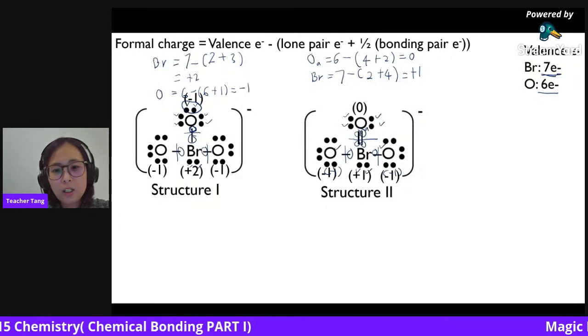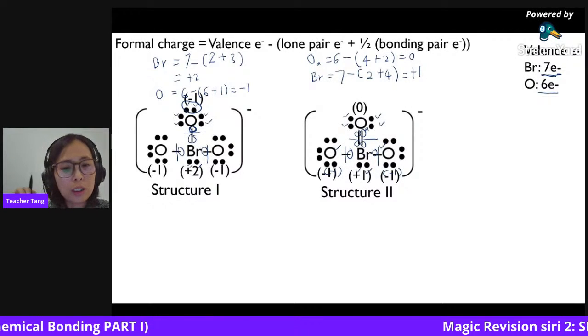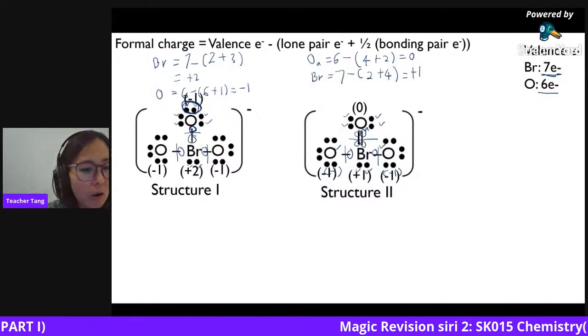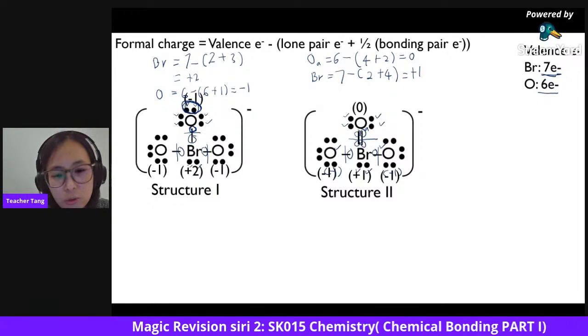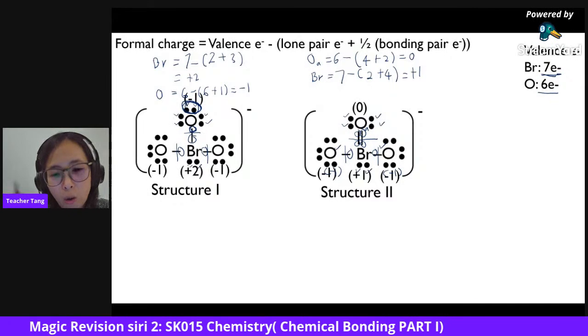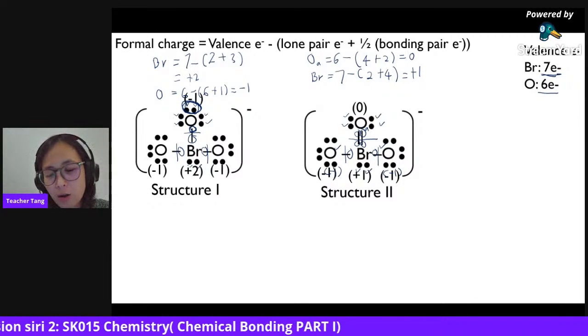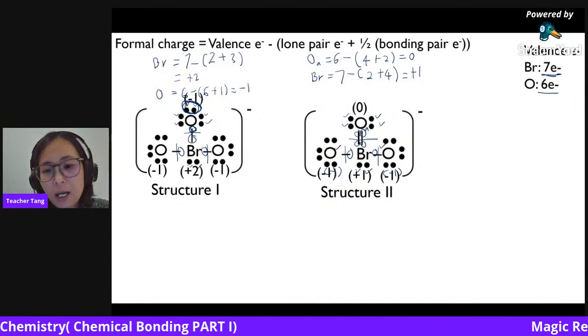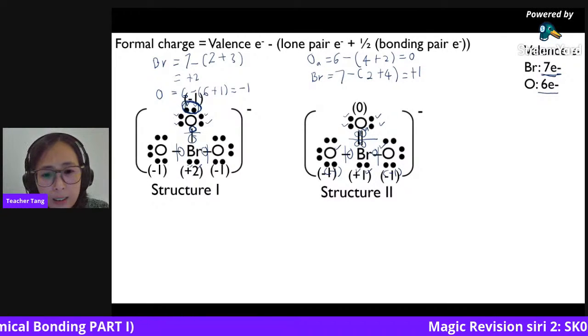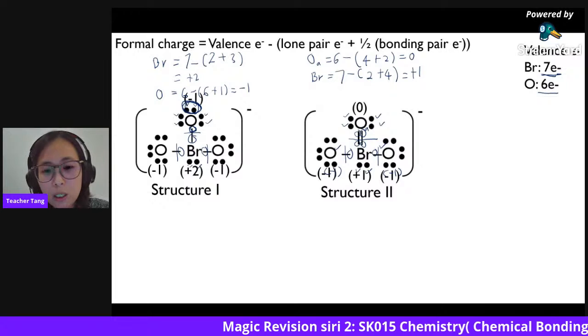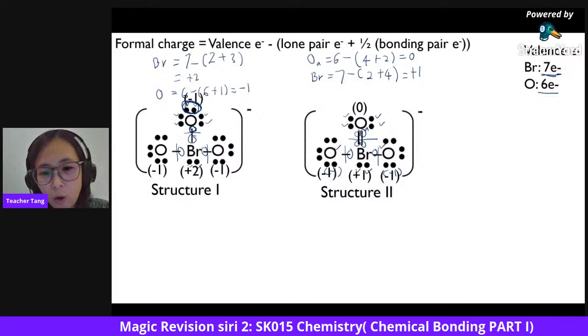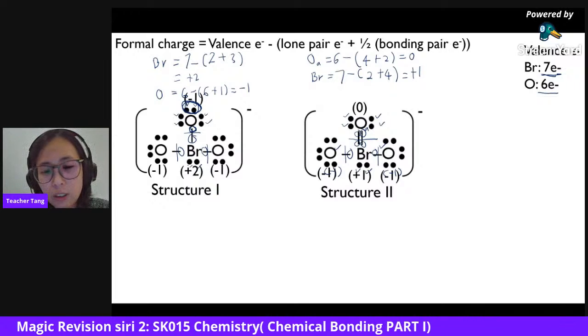Can you see that by using the lone pair on one of the terminal oxygens to form the double bond, you have structure 2, which has lower formal charge on 2 atoms. Are there any other structures that we can draw to give even lower formal charge on the atoms?